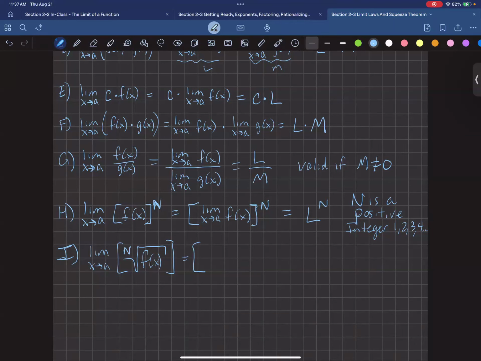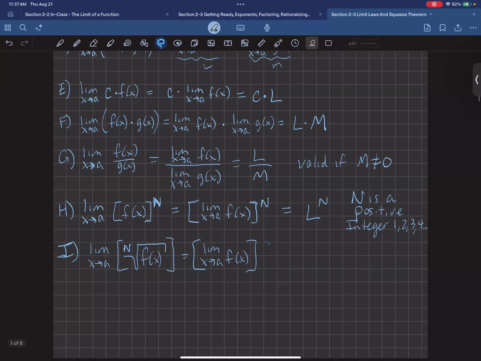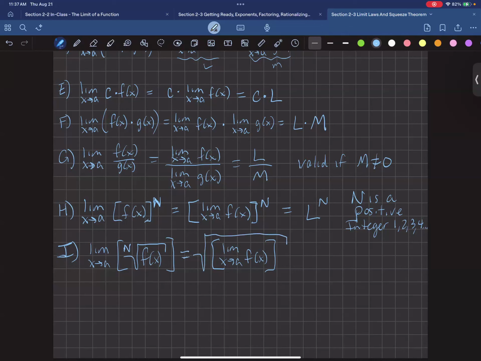We pull it on the outside: the nth root of the limit as x approaches a of f of x, which equals the nth root of L.